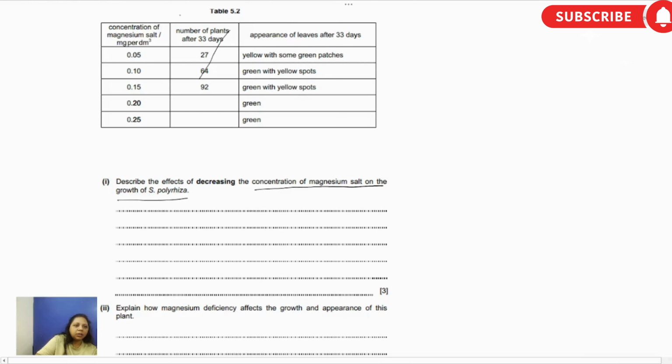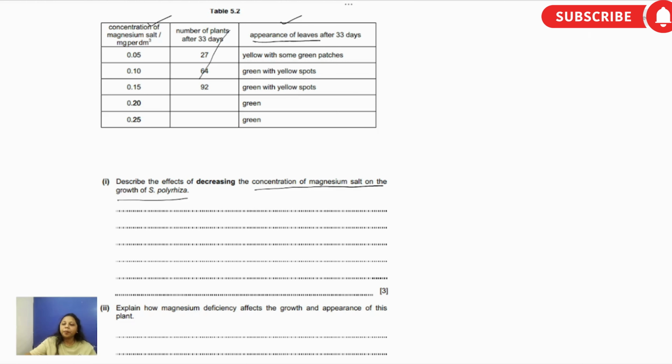This is the appearance of the leaf, not the growth, so you need to convert it into growth. If it's yellow, what would the growth be? If it's green, what would the growth be? If it's yellow, the growth is less, not fully matured, because less light is absorbed as the chlorophyll is lesser in number.